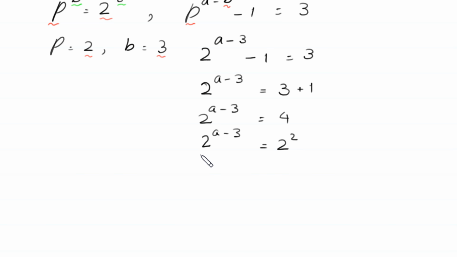Now we have same base at both sides, so we can write this a minus 3 equal to this 2. So a minus 3 is equal to 2 and a is equal to 2 plus 3 and a is equal to 5.